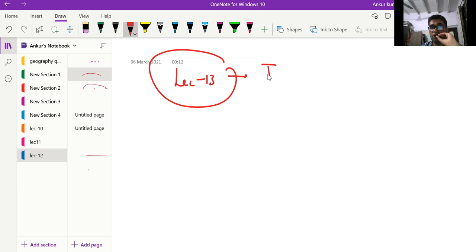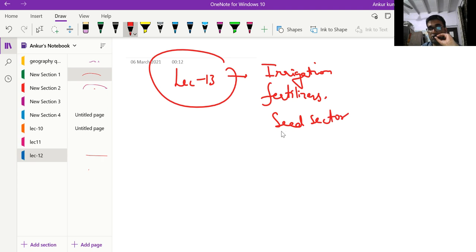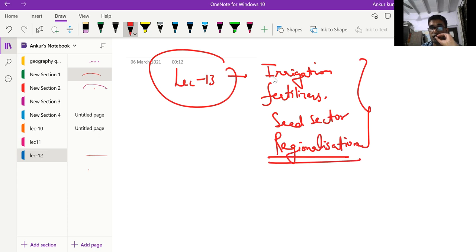First we will start with irrigation, then we will do fertilizers, after that the seed sector, and then we will start with agriculture regionalization. So this will be the topic of the next class, again part of agriculture, because agriculture is a big topic.